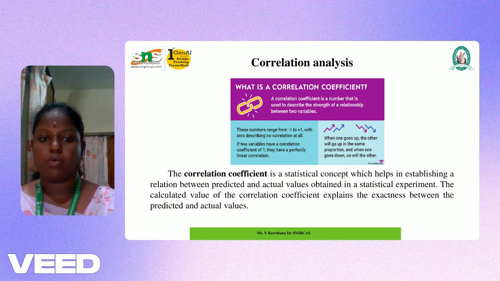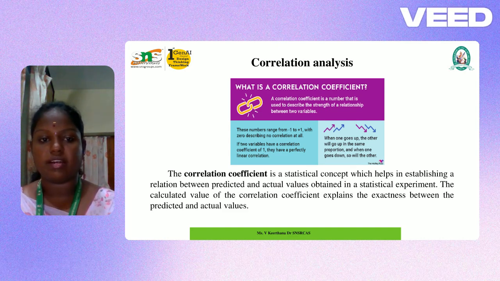Now we can see what is correlation analysis. Correlation coefficients are used to assess the strength of association between data variables. The most common one is the Pearson correlation coefficient, which measures the strength and direction of a linear relationship between two variables.